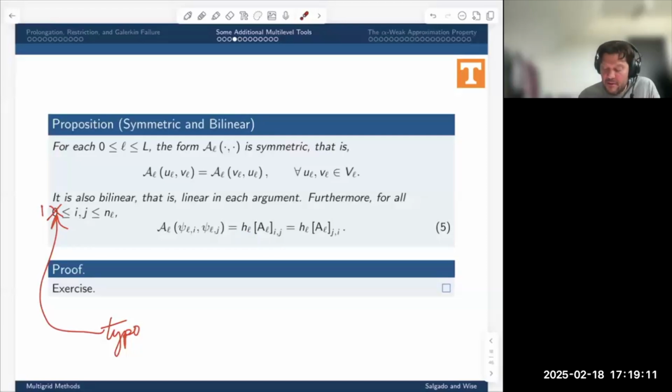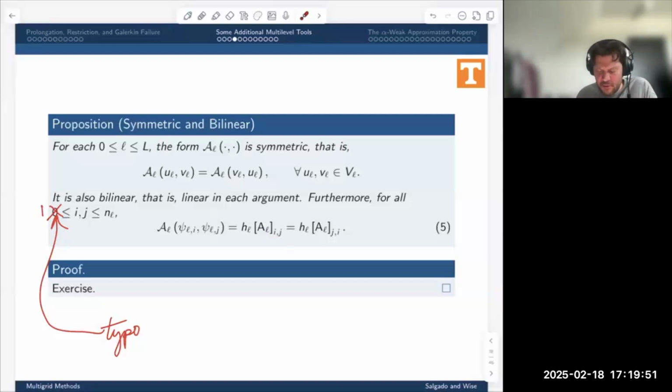So if you want, these objects here are either going to be 3, 2, -1, or 0, all of those entries divided by h_l squared, and then I multiply by h_l. So altogether, that's going to be 3, 2, -1, or 0 divided by h_l, because I get an h_l here and a 1 over h_l squared from these entries, and so that leaves me with a factor of 1 over h_l.